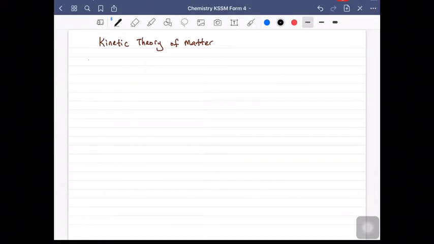Now, the first thing is matter exists in three states, which is solid, liquid and gas.